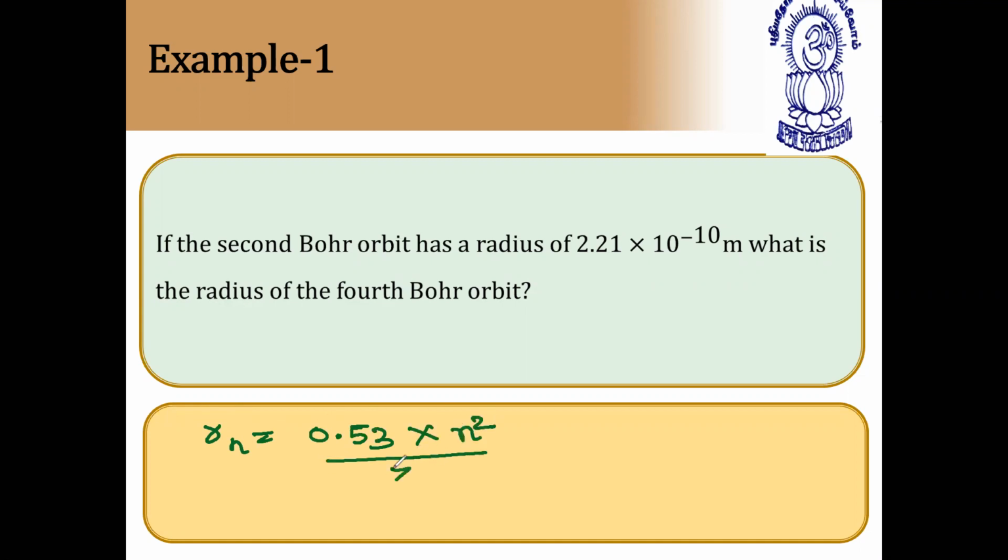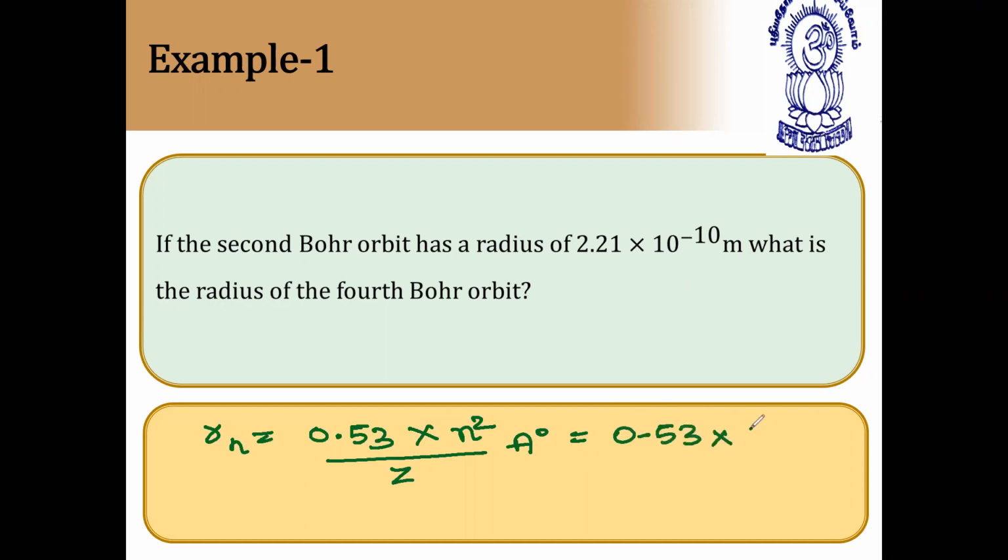That is in angstroms, and they have given it in meters. First we'll find it in angstroms, then convert to meters, because 1 angstrom is 10 to the power minus 10 meters. So for the fourth Bohr orbit they're asking, 0.53 into 16.